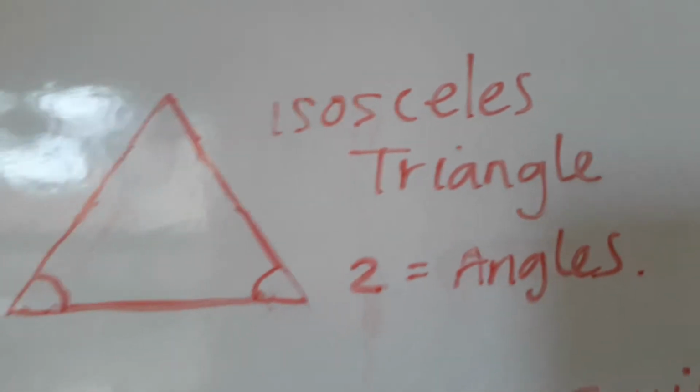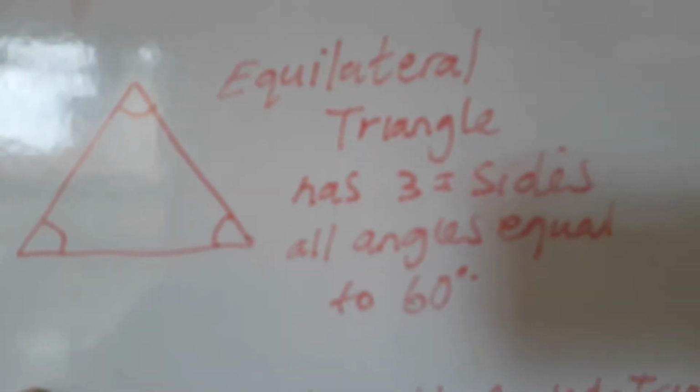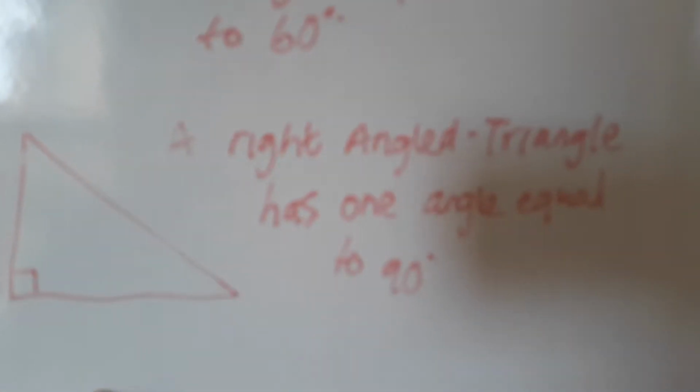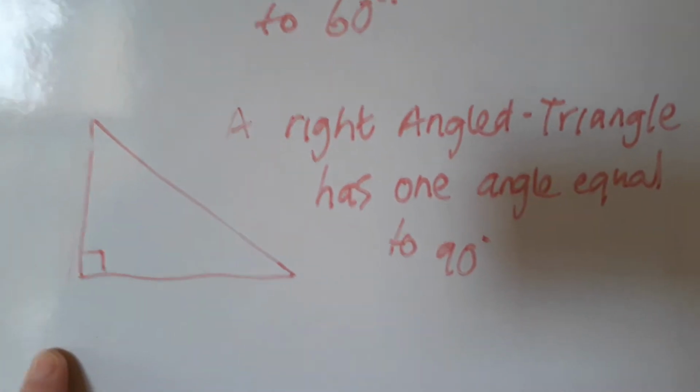So let's just recap. We've got an isosceles triangle, an equilateral triangle, and a right angled triangle, which has one angle equal to 90 degrees.